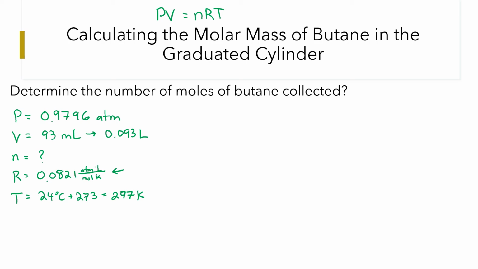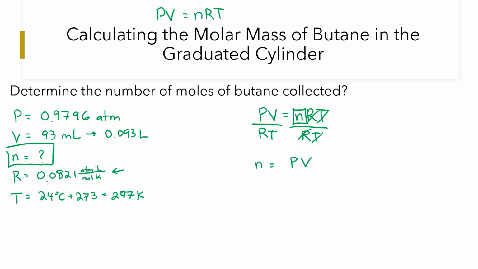So now, box my unknown that I'm looking for. Equation time, PV equals nRT. I'm looking for n. To isolate n, I divide both sides by RT. These guys cancel out. I'm rearranging. So we have our equation.